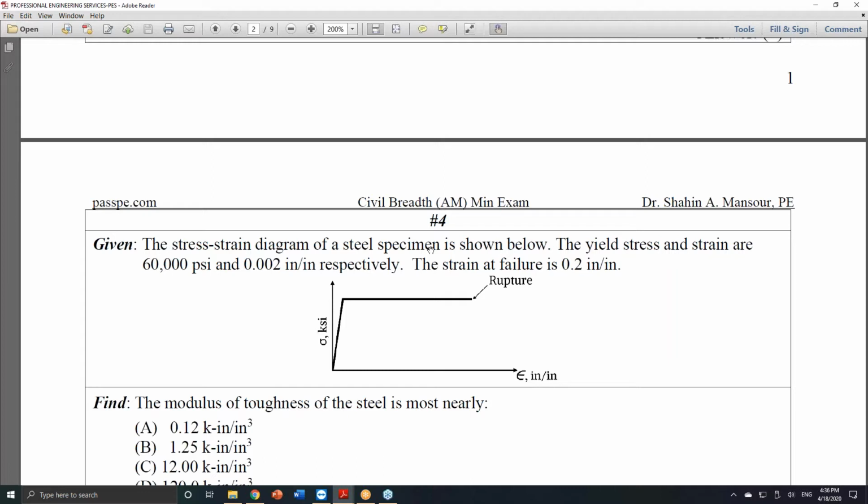Basically, the AM portion. Let me get the NCEES very quick. Here it is. Materials.